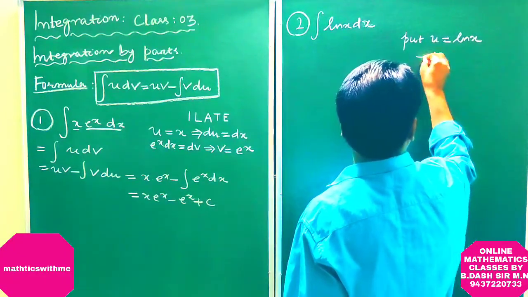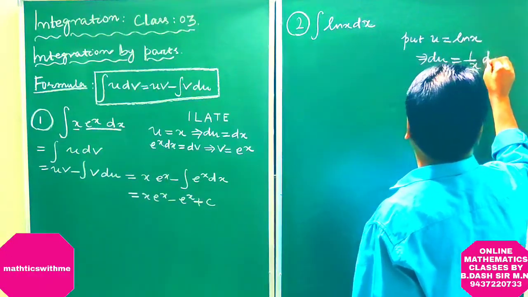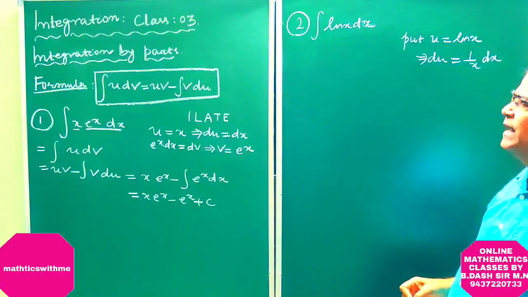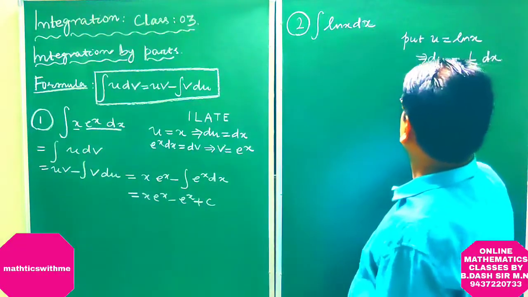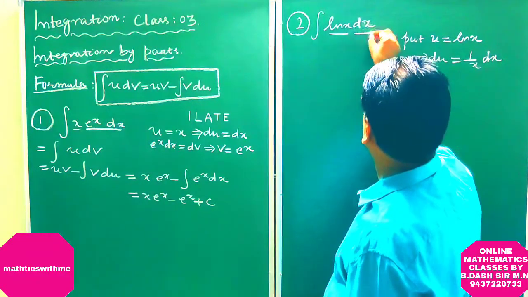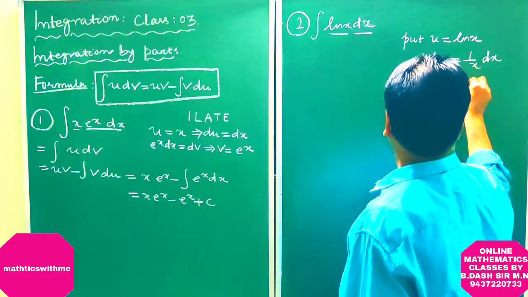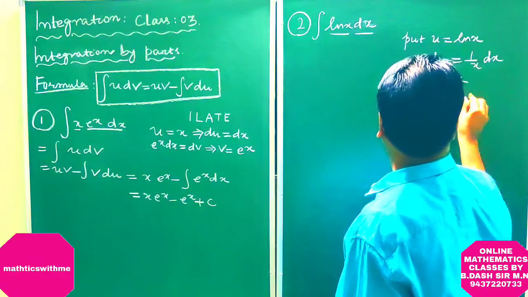This implies du is equal to 1 by x dx. So now choosing u is equal to ln x, we get du is equal to 1 by x dx. Then dv is equal to dx. So this gives us v is equal to x.